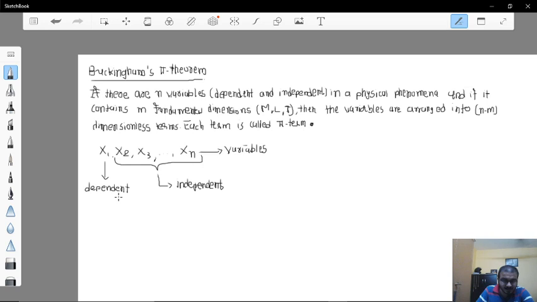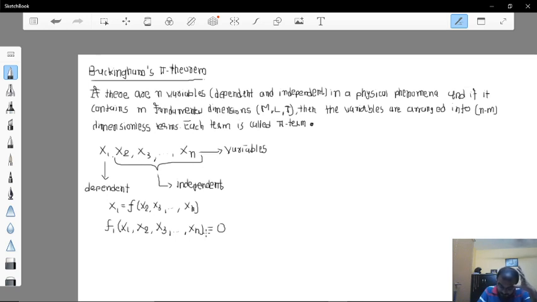So we can say that x1 is a function of x2, x3, up to xn. Or we can also write down that f1, that is another function combining all dependent and independent variables x1, x2, x3 up to xn is equal to 0.